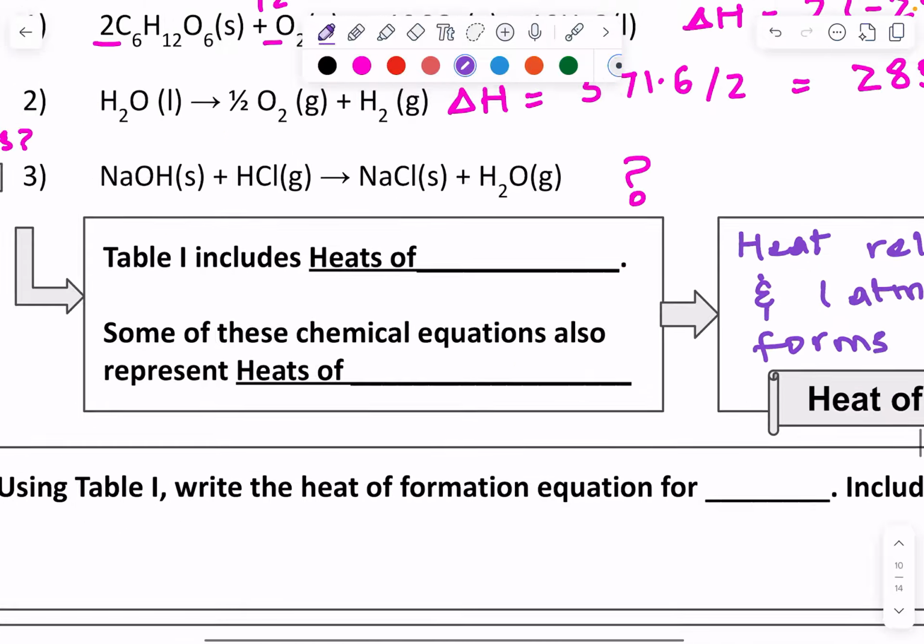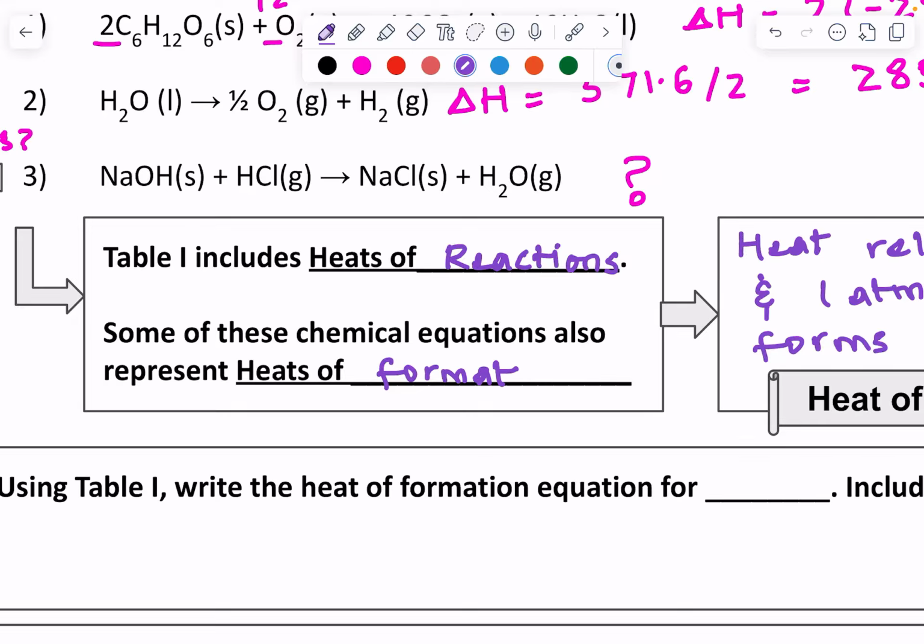So Table I includes the heat of reactions in general. It has a bunch of different types of reactions. We have dissociation, we have combustion, but we also have some synthesis reactions. So it does give us some heats of formation.